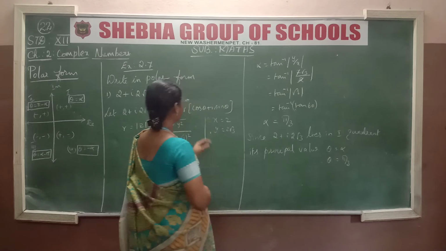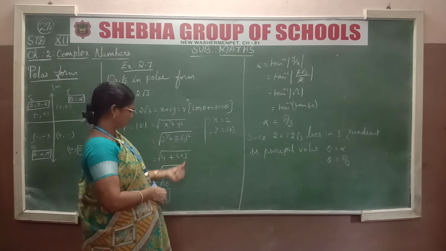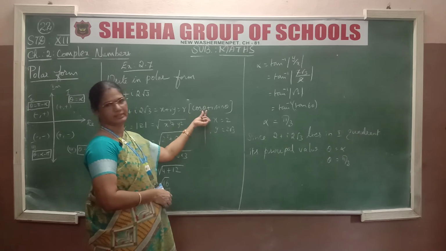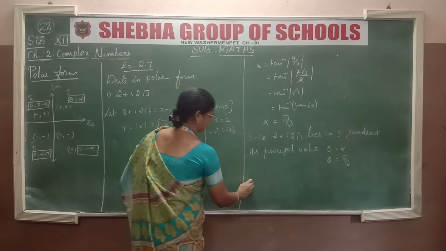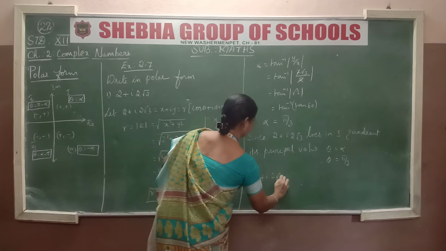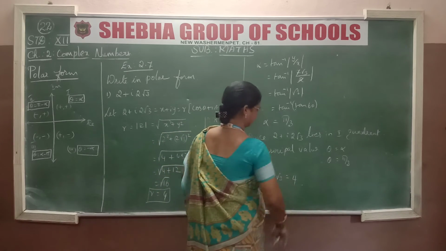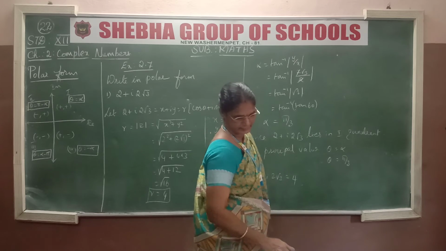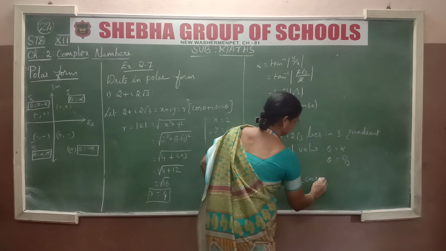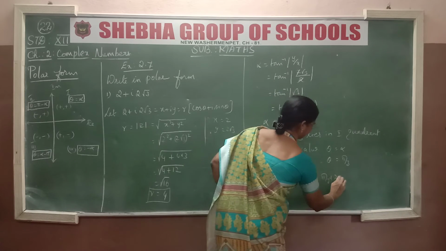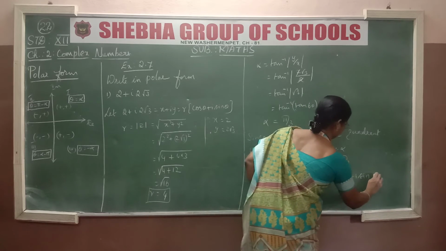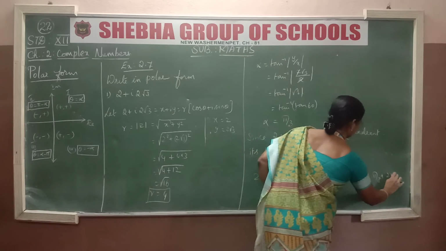First you have to substitute here r equal to 4 and theta is equal to pi by 3, and then add 2k pi with this theta. And therefore 2 plus i into 2 root 3 equal to, instead of r we use 4, and then into cos of pi by 3 plus 2k pi plus i sin of pi by 3 plus 2k pi.